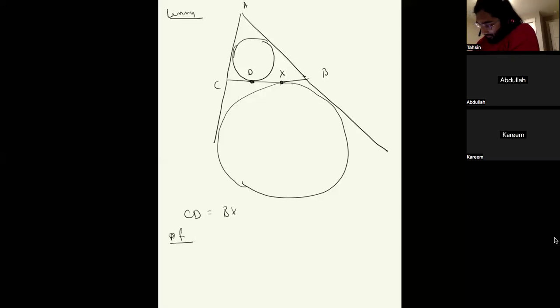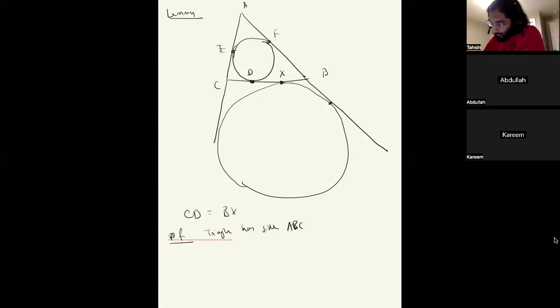So maybe I can just briefly say what the proof is. The point here is, this length CD you can actually calculate. So let's say the sides of the triangle are a, b, c. The point here is, okay, let's just maybe call this E and this one F.